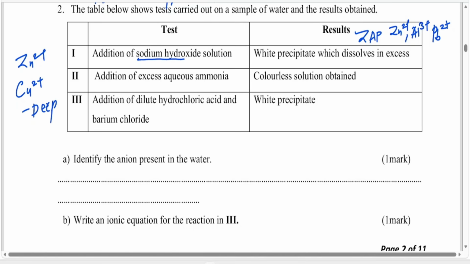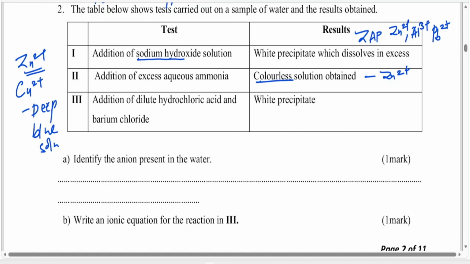So if it forms a deep blue solution, we do not expect it to be one of the cations here because we are forming a colorless solution. So that substance that dissolved to form a colorless solution automatically becomes zinc ions. So we can conclude that in this particular solution, zinc ions were present.